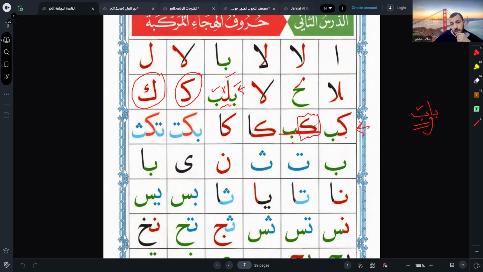Kaf is on top, but Ya, if we have this, goes down. Okay. And also, this is not the shape of the Ya at the beginning and the middle. We said the shape of the beginning is like this, one tooth with two dots beneath, right? Or the middle is going to be like that. This is a Ya in the middle and the beginning, but just at the end, it's going to take the shape here.